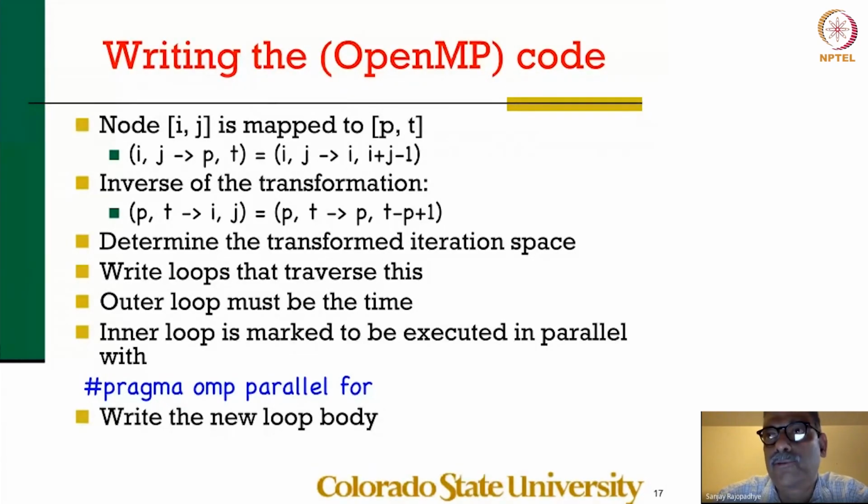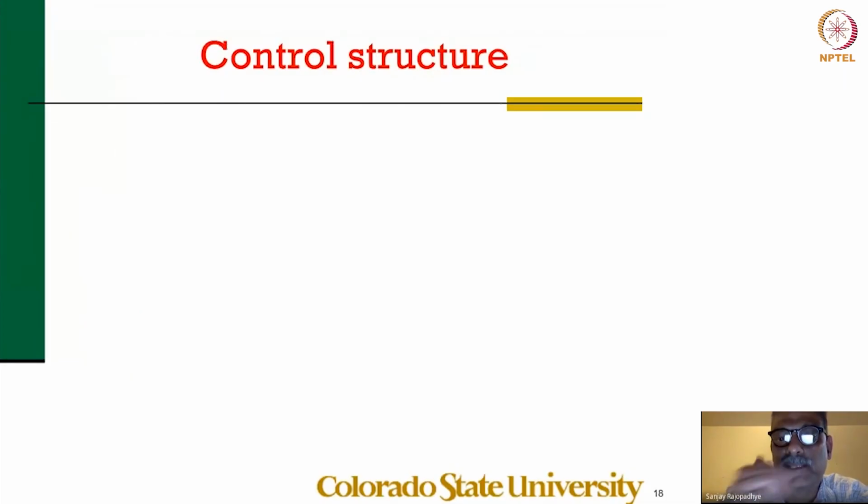And that was solved for the first time in 1990 by Ancourt and Irigoin. And then after you generate the loops, you also have to modify the loop body. And we'll see exactly how to do this.